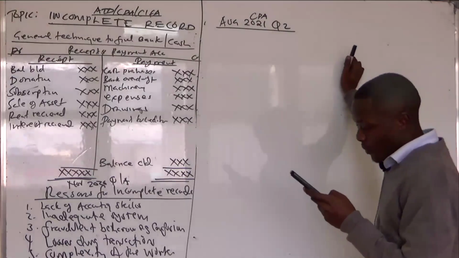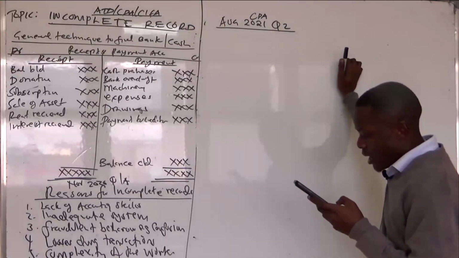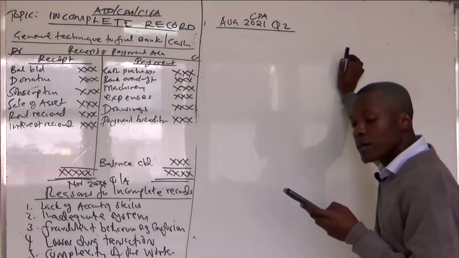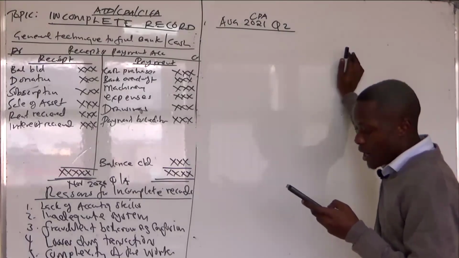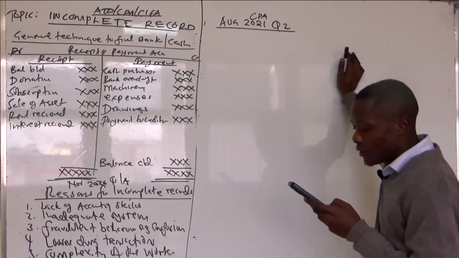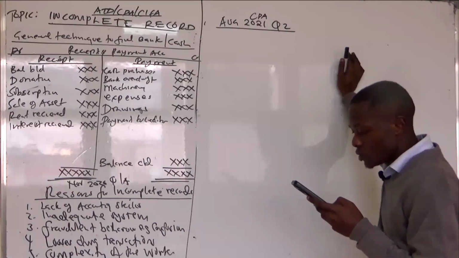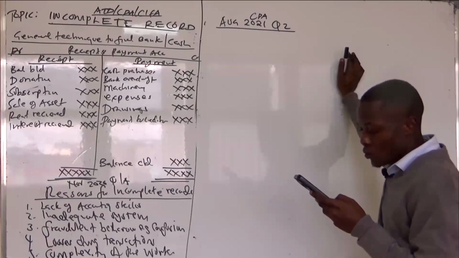Alpha Omega operates a retail business. He has not employed a qualified accountant. As much as we've seen, that one is incomplete record, and therefore has not maintained proper accounting records. The following information was extracted from his books for the year ended 31st March 2020.